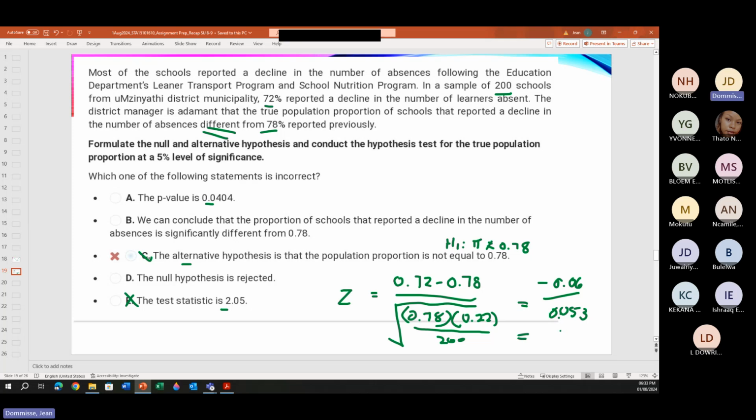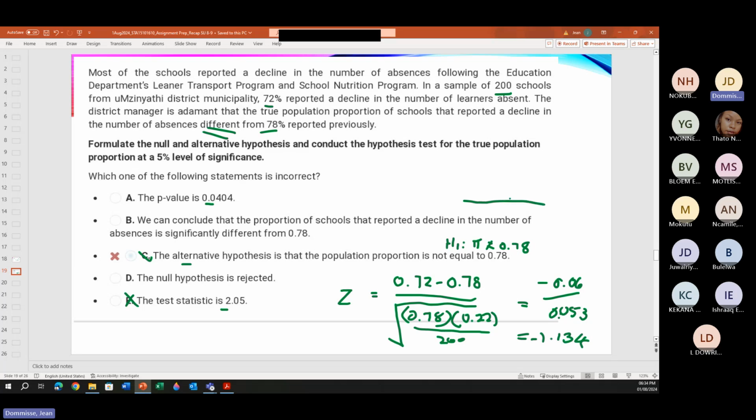So if we divide those two with one another, yeah, I get minus 1.134. Please check if that is what you guys are also getting, but that tells me that obviously the test statistic is wrong, because that is negative.